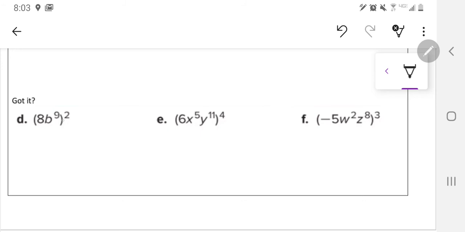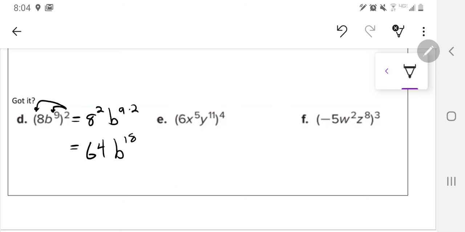All right, we're back. And let's check it out. We have to kind of like distribute. I don't want to use that word because it's not officially what this is, but we have to take that 2 outside the parentheses to both of the factors inside. We get 8 squared, and we get b to the 9 to the 2nd, and that gives us 64b to the 18th.